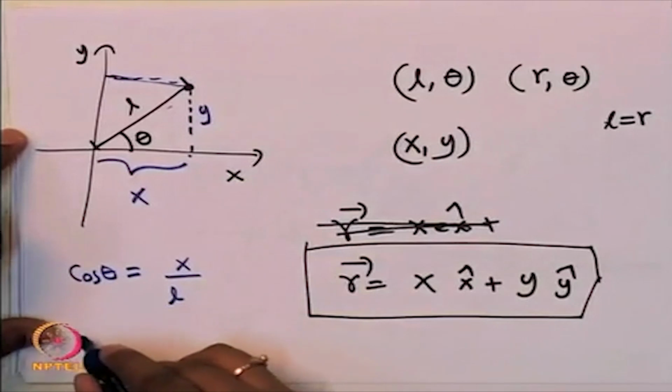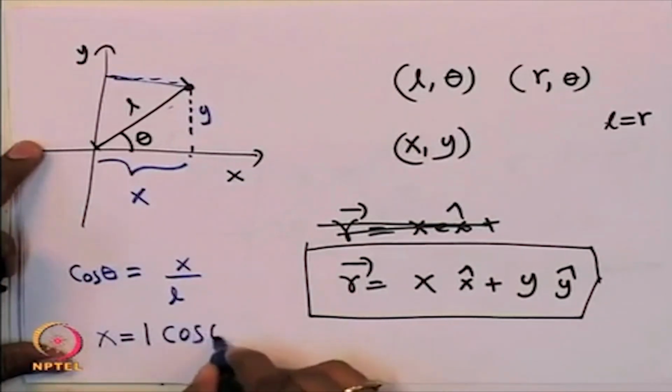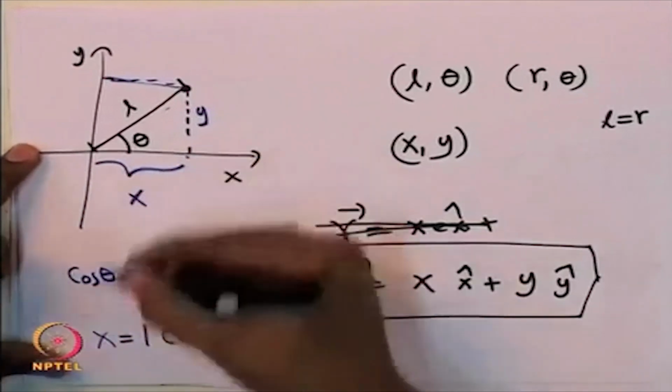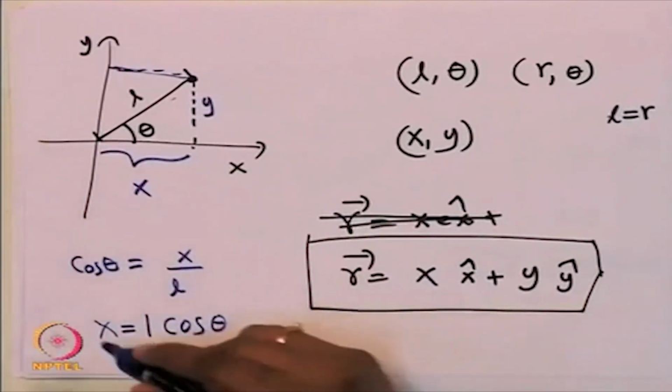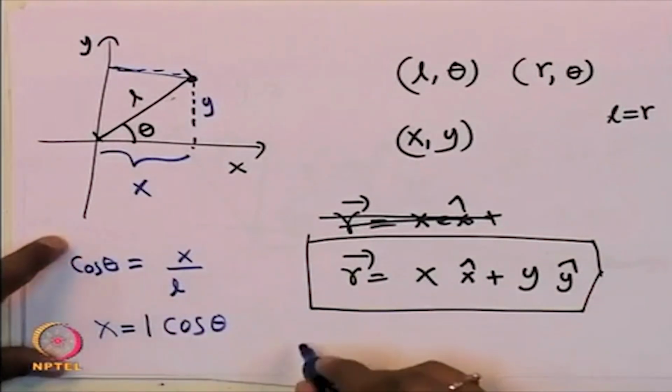So, this implies that x is L cos theta. In this case, you can convince yourself that x is L cos theta.